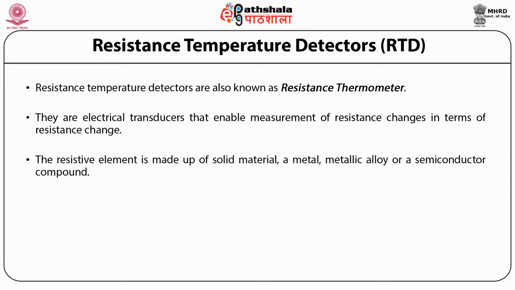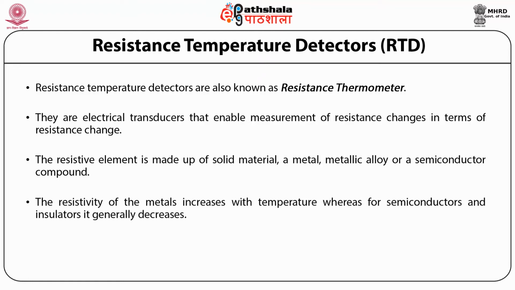The resistive element is made up of solid material, a metal, a metallic alloy, or a semiconductor compound. The resistivity of the metals increases with temperature, whereas for semiconductors and insulators it generally decreases.